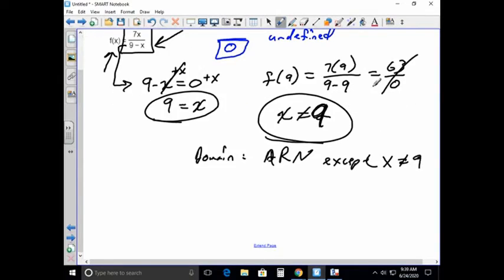As an interval, we could say everything starting way out at negative infinity, getting really close to 9. And then on the other side of 9, we go all the way to positive infinity. When we have two different intervals, we put a U in between. So that's every number except 9.